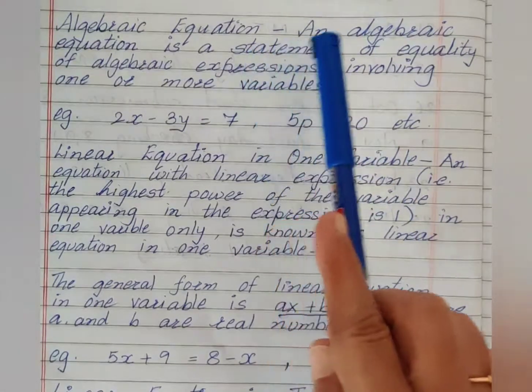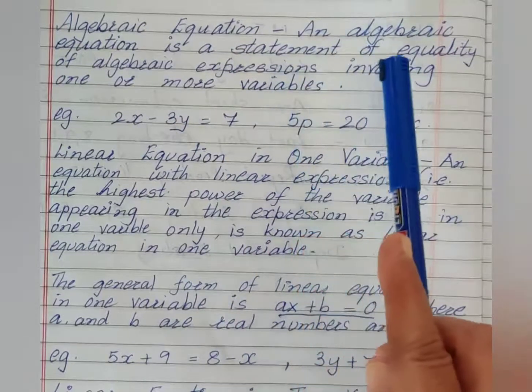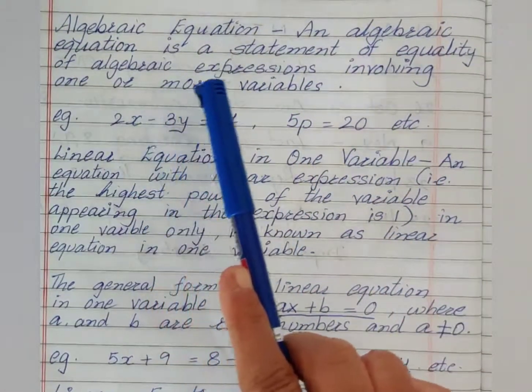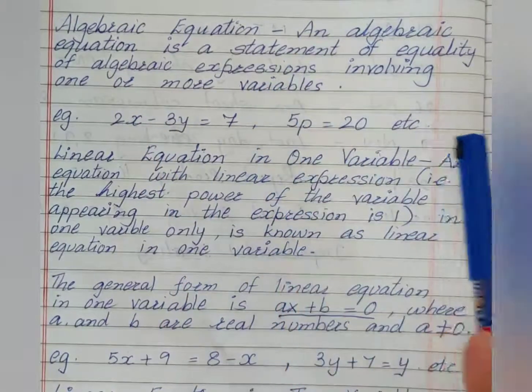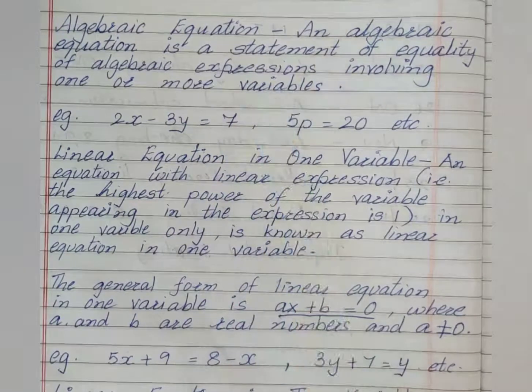An algebraic equation is a statement of equality of algebraic expressions involving one or more variables. It means that compulsorily there should be a sign of equality in between.